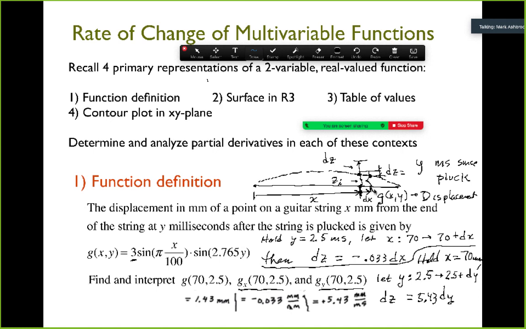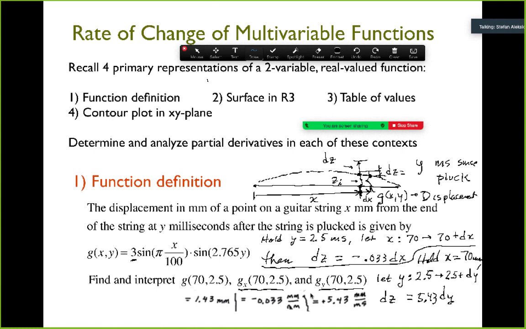Say at 71 millimeters or 72 millimeters, the rate will be different. So you can't assume this anymore because you have a different rate of change. This only works for small changes in your independent variable. With each variable we took the partial derivatives for, say x, the way that it's going to change after 70 is by 0.033 millimeters per millimeter.